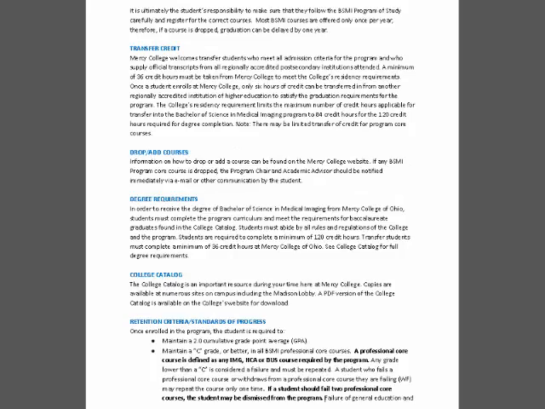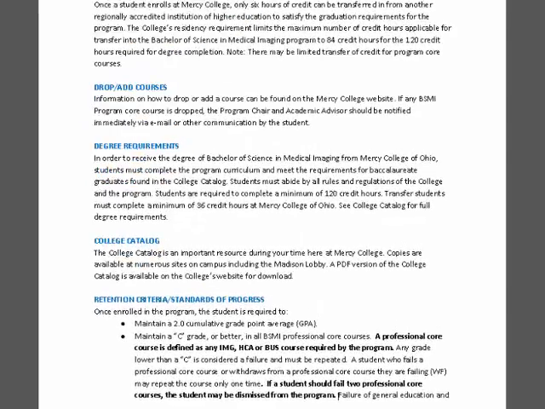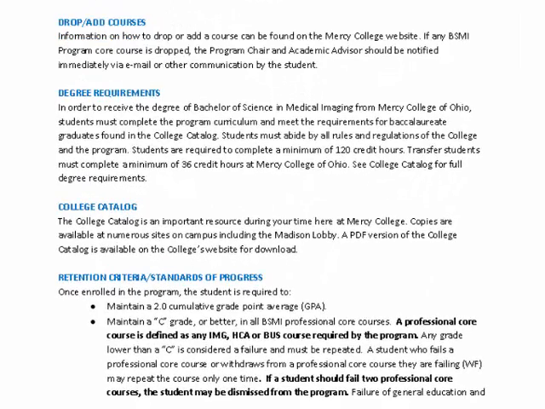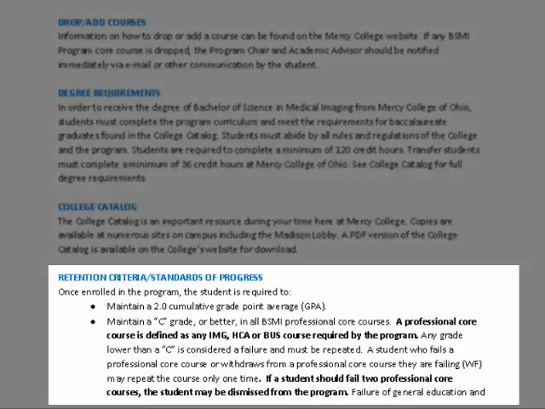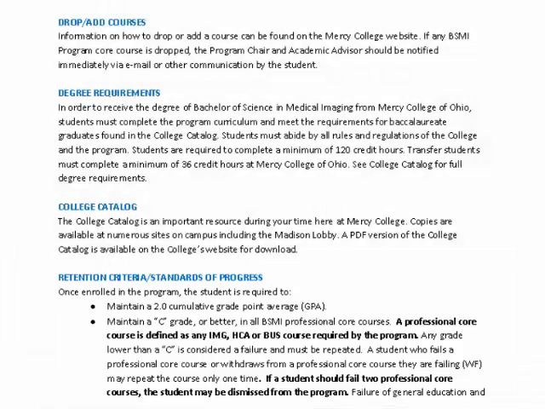Okay, the next thing I'd like to bring your attention to is how would a student fail out of the program? This has actually never happened with us, but it is important to know. There are generally 2 ways that you could fail out of the program. One is you continuously fail your general education coursework. That's your non-professional core courses.